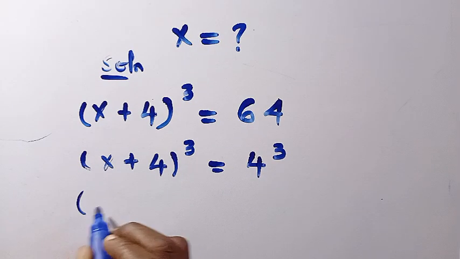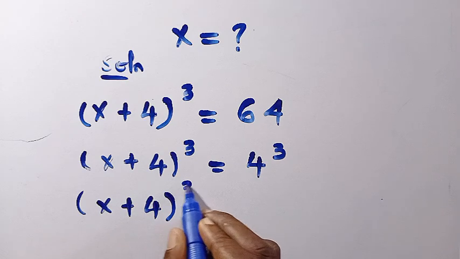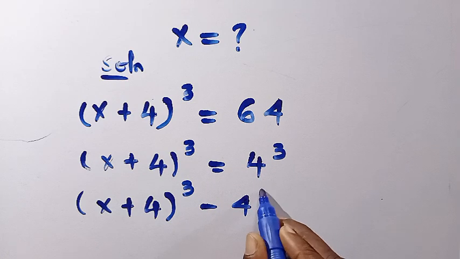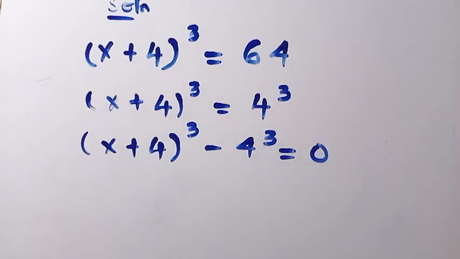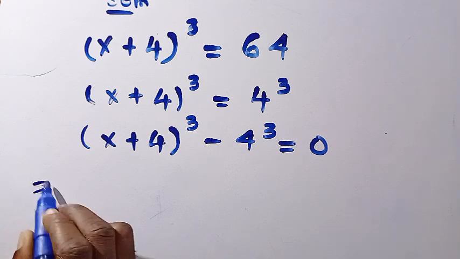Then we have (x + 4)^3 minus, by taking this 4 here, 4^3 equals 0. So after having this, we are going to apply the difference of two cubes.